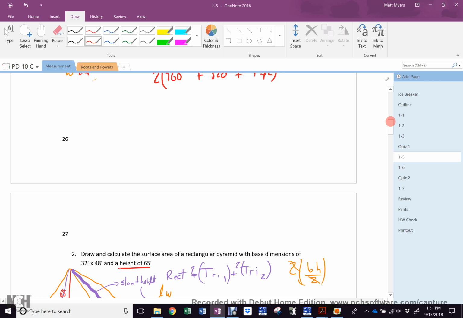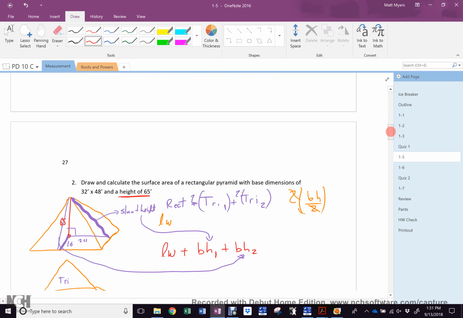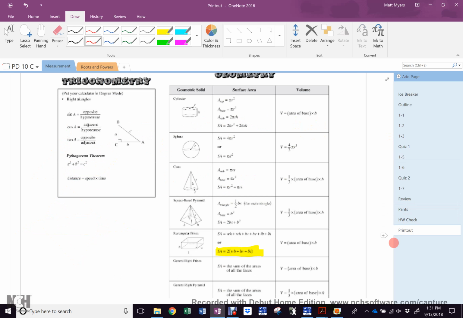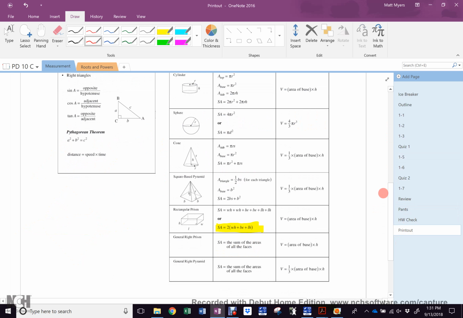Okay? Back to math class. Now, the reason I brought up what I just said: if you rely only on the formulas and you don't recognize what you're actually dealing with, then when you get to this question, you'll be in trouble. Because this question is a rectangular pyramid. And if you look on your data booklet, you do not have a formula for a rectangular pyramid, do you?